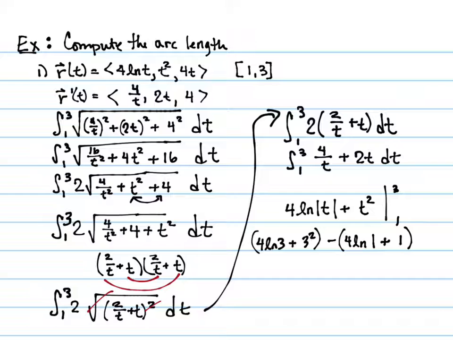Okay, do you notice anything nice that's going to happen? 4 natural log of 1 equals 0. So if I combine the pieces that remain, this is 4 natural log of 3, and I have 3 squared, which is 9, minus the 1, so that's 8.